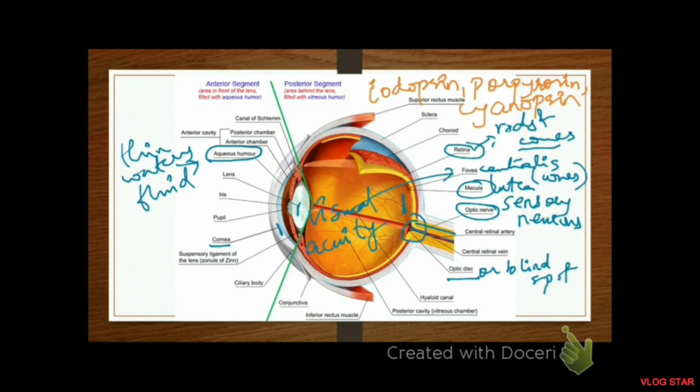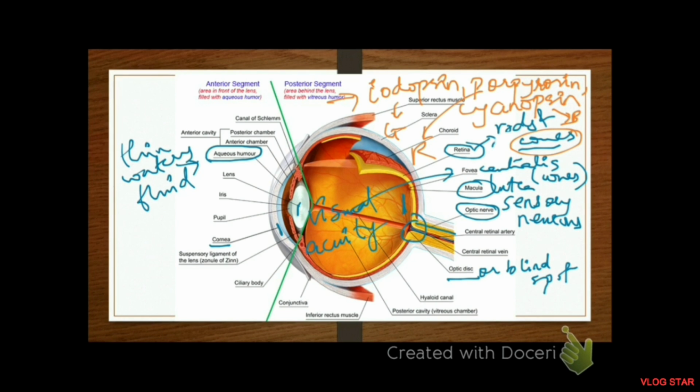So these are the three different pigments of cones: iodopsin for green, porphyropsin for red, and cyanopsin for blue.